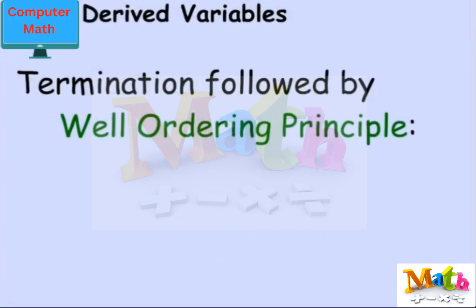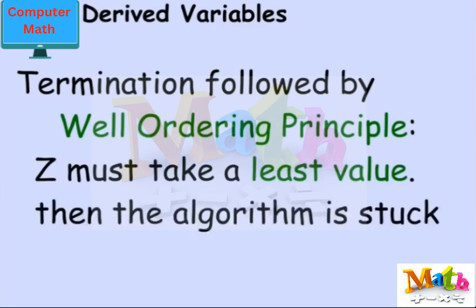So that implies, by the well-ordering principle, that it will take a minimum value. And what we know about the minimum value of a strictly decreasing variable is that the algorithm is stuck, because once z has reached its minimum value, if the machine took another step, then it would get smaller. So it can't. It means that the algorithm has to terminate.